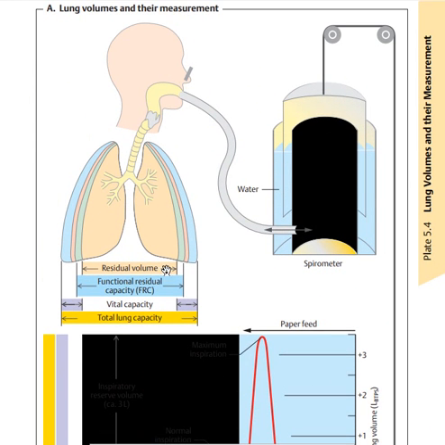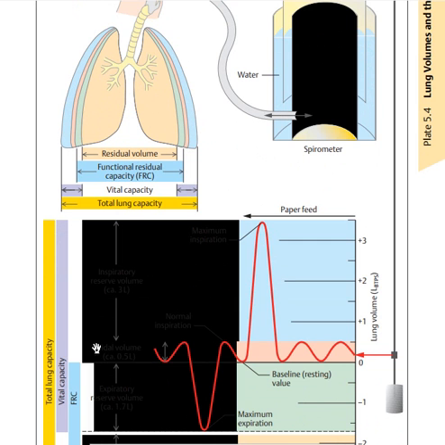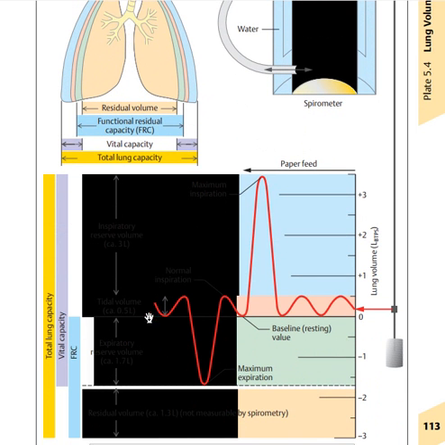So we have the residual volume, the functional residual capacity, the vital capacity, the total lung capacity, and the tidal volume. So now let's start the definitions. As you can see from this graph, the tidal volume is calculated from this point to this point. The expiratory reserve volume is calculated from this point here to this point here. The residual volume is calculated from this point here to this point here.